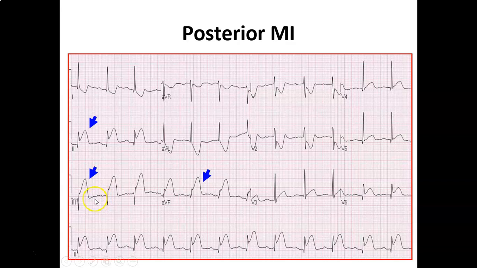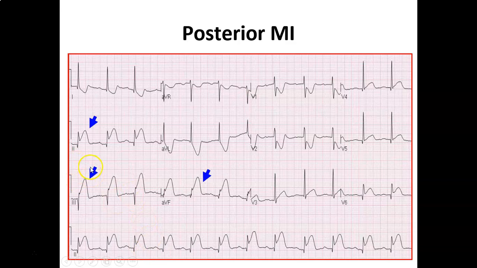So again, the most important thing is to look at the inferior leads 2, 3 and AVF. There is ST segment elevation. So this is inferior wall myocardial infarction, and if you see inferior wall myocardial infarction, you have to look for 2 more myocardial infarctions. As I said, one is the right ventricular infarction, another is the posterior wall myocardial infarction.